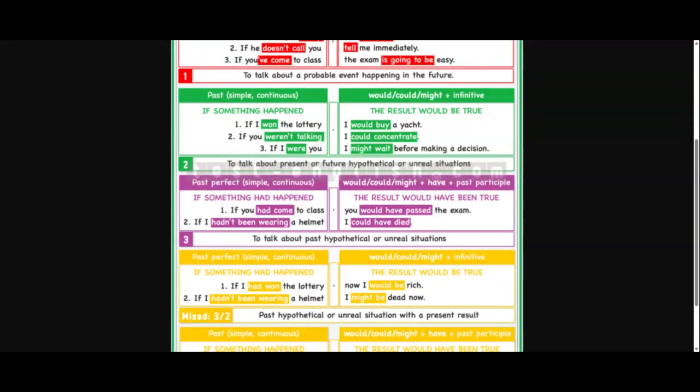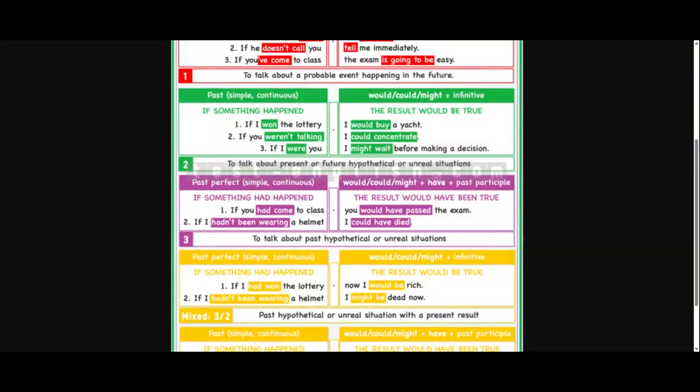Si hubieras venido a la clase, habrías pasado el examen. But you didn't come to class, so you didn't pass the exam. So the past, you cannot change the past. Okay? If I hadn't been wearing the helmet, I could have died. Si yo no hubiera utilizado el casco, podría haber muerto.